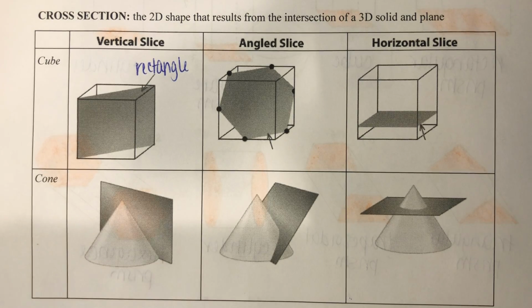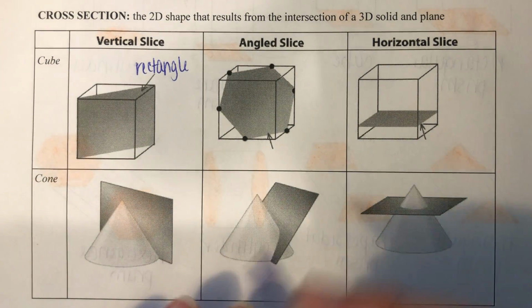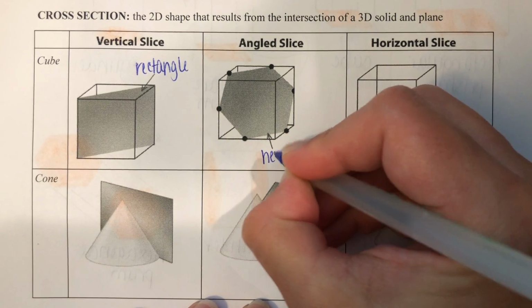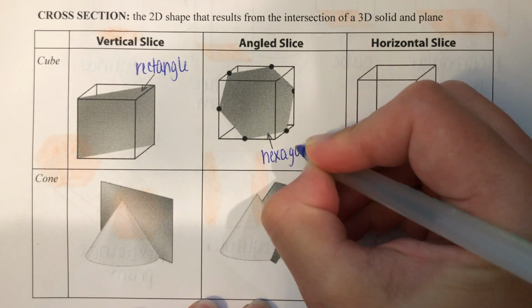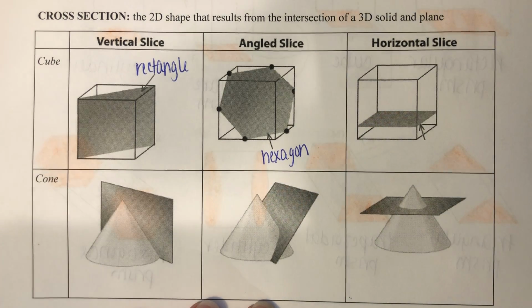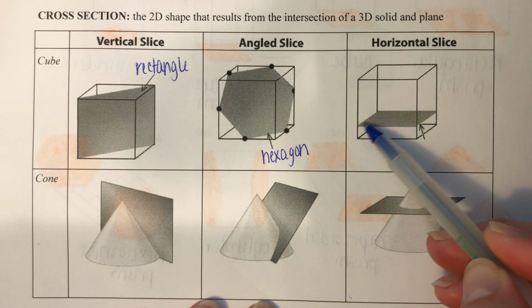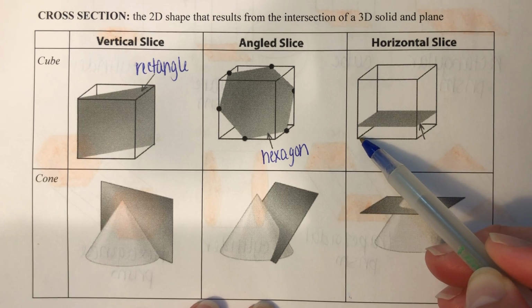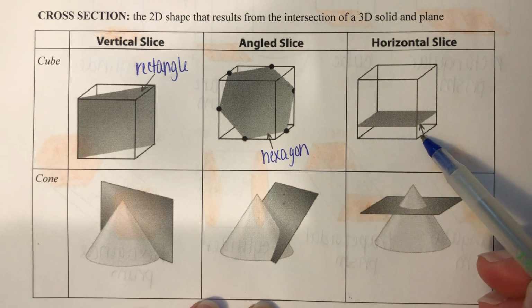Now, our plane or surface is coming in at an angle. This time, again, easy to see in this picture, this is a hexagon. And in the last one, if I come across horizontally, although it looks like a parallelogram, remember if it's a cube, the bottom here is a square.